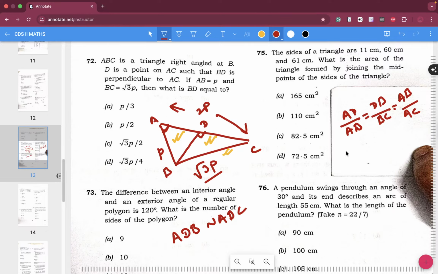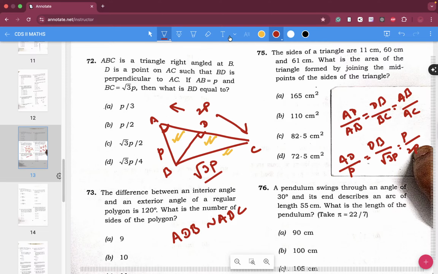AD value you don't know, so no problem, write it as it is. AB value is P, DB value is what we have to find out, BC value is root 3 P, AB value is P, AC value is 2P.